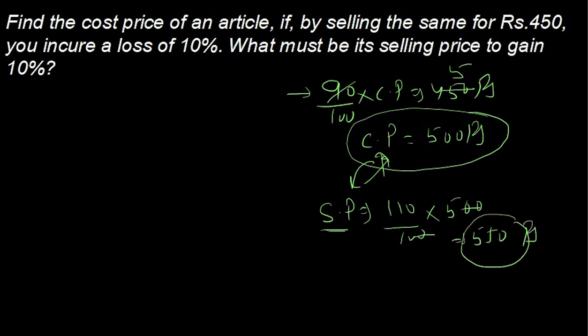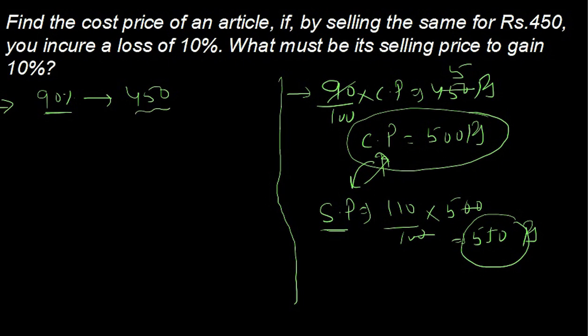550 rupees. Okay, but whenever these types of problems are there, you can use a direct trick. What should that trick be? 90% of something is 450 rupees, since you got a 10% loss. So obviously it was 90%, and that equals 450 rupees. 90% of something, and what is that something we are counting? That is always going to be the cost price.